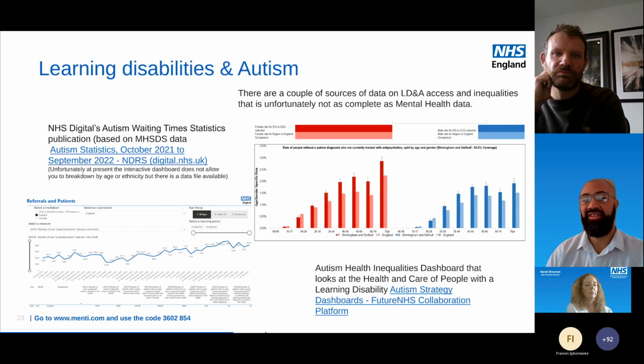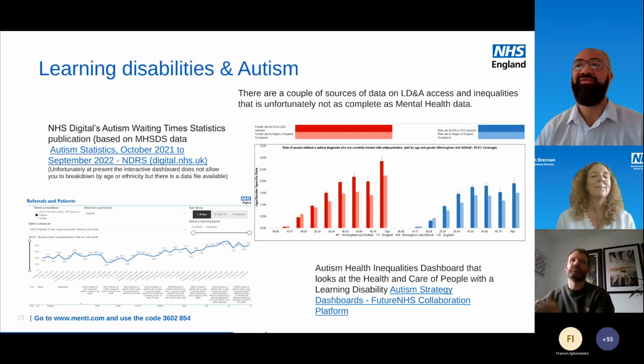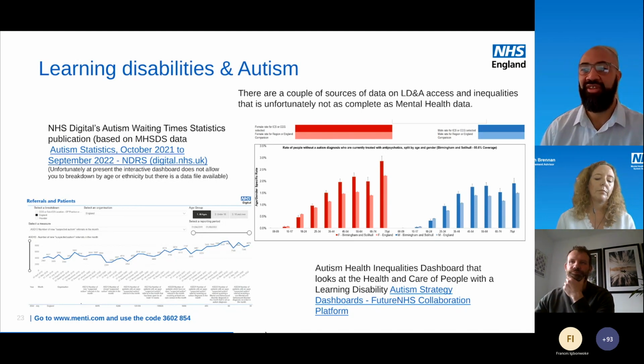This is through MHSDS data, and you can cut the statistics through gender and ethnicity breakdowns, as well as age. These are at provider and ICB level. At the moment, the interactive dashboard doesn't have the ethnicity breakdowns in, so you'd have to access the data through there. But it is on there. You can access it through the link here.